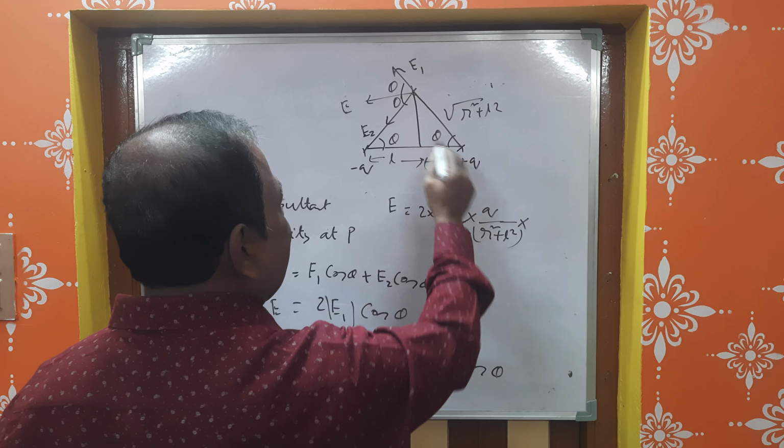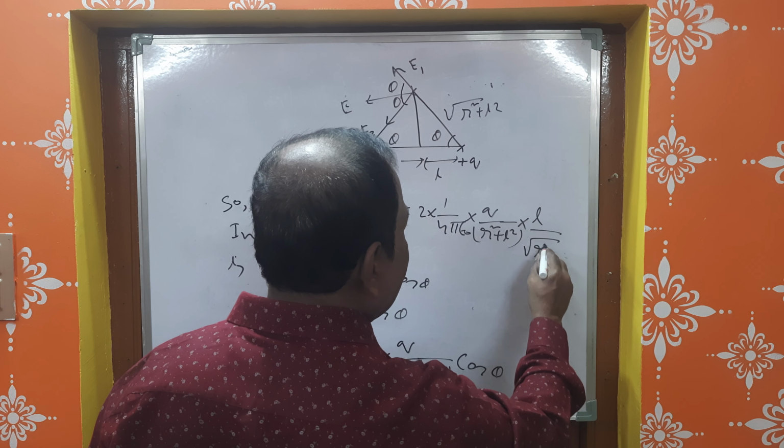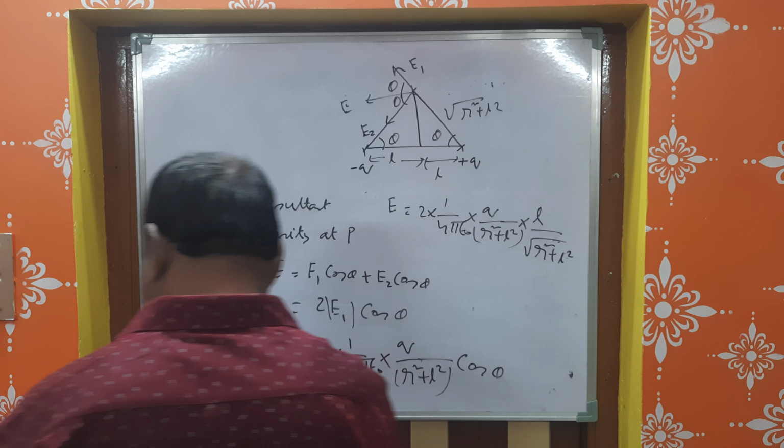Cos theta from this triangle is L by root over R square plus L square.